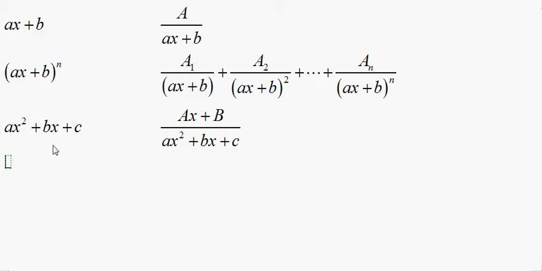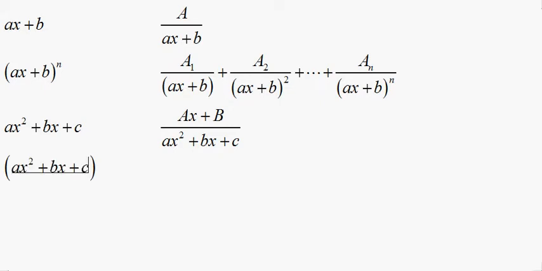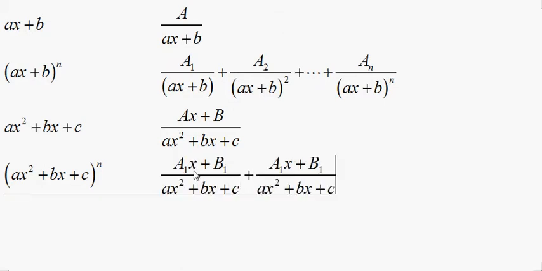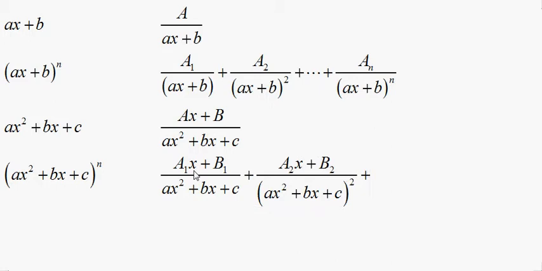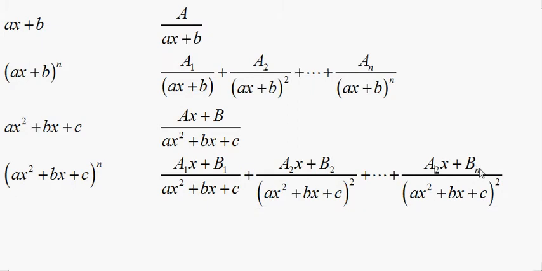Now, one final example: if you have an expanded quadratic and it's raised to some power n, then it's the same logic as this. You basically take this expression, except now this is a1 and b1, and then you do the same logic as above, and this is squared and then plus dot dot dot, and then I'll just write it for completeness, a sub n, and then this is to the n.